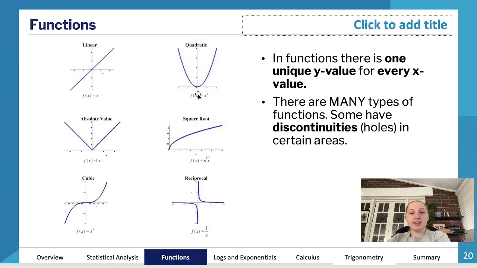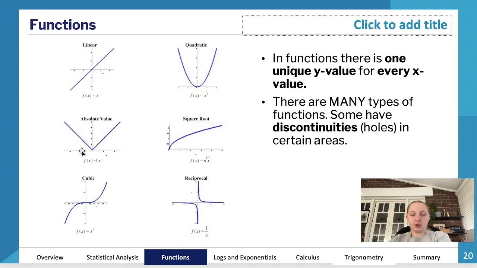It is okay if one y value fits more than one x value, as long as each x value only has one y. So if you look at this here, 1 and -1 both hit the same y value, but 1 only has one y value and -1 only has one y value. So that's why this is still a function.